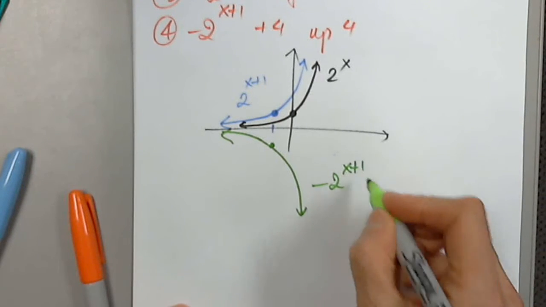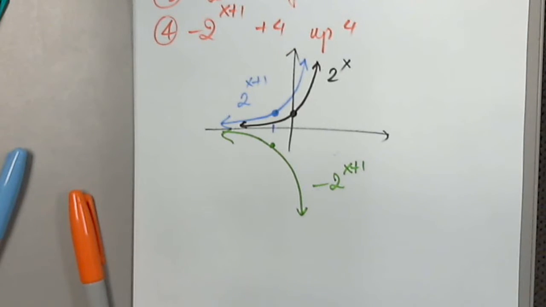Negative 2 raised to x plus 1. Then, final step, you told me to do what? Up 4. Now, let's analyze this one more time. There is a horizontal asymptote at 0 for all these three functions. That didn't change. But now, I want to move the graph up 4 units. What has to move first?